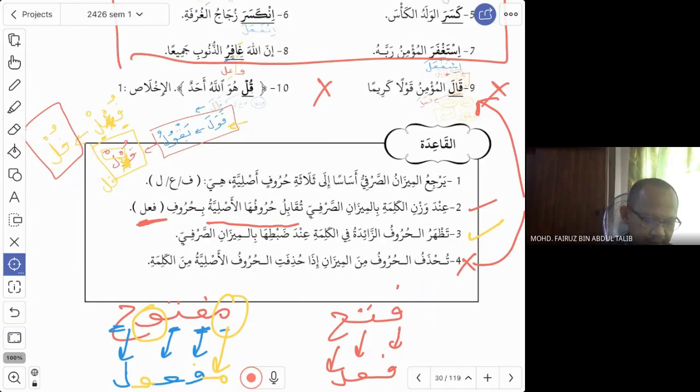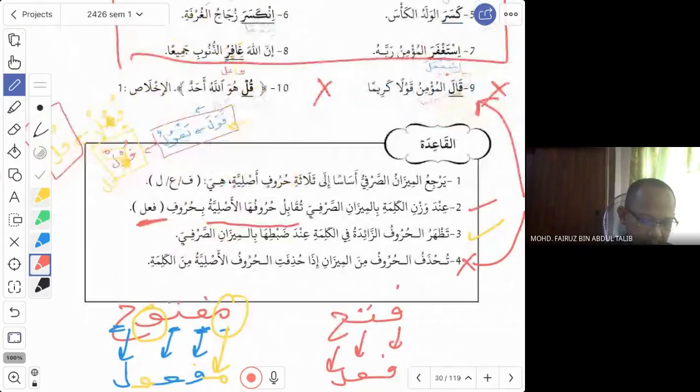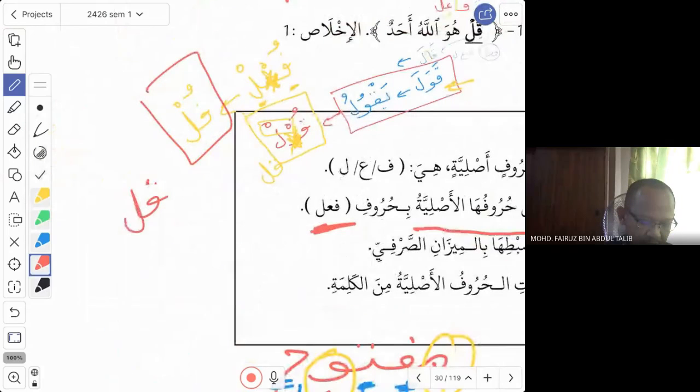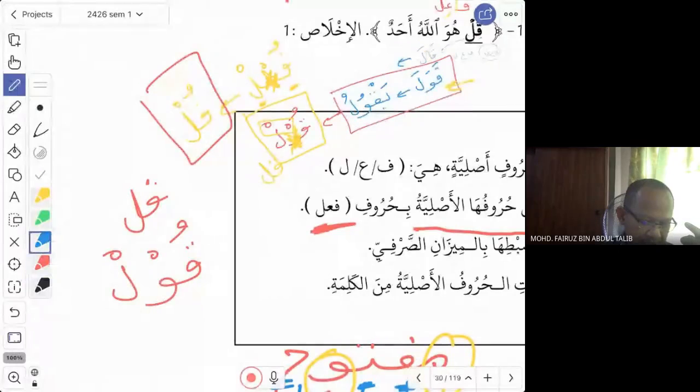Earlier, I said that this word qul is actually from this word, the original word. And what happened is, you have these 2 sukun together. In an Arabic word, you cannot have 2 sukun together. Among the options they can do is remove this letter. So now it becomes qul, so that they can read the word easily.